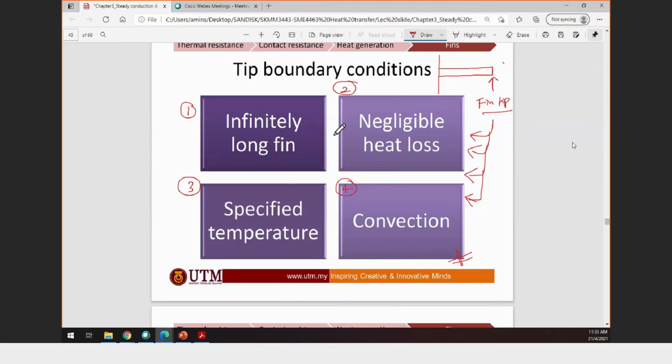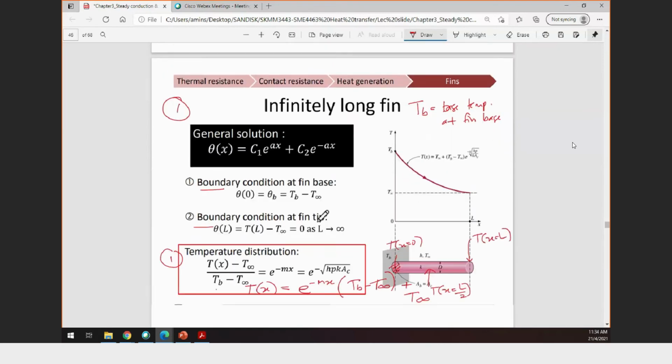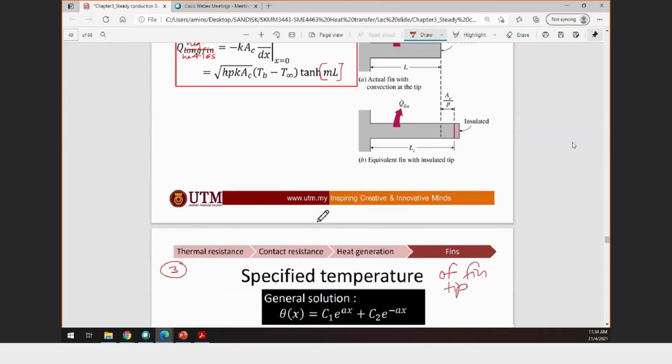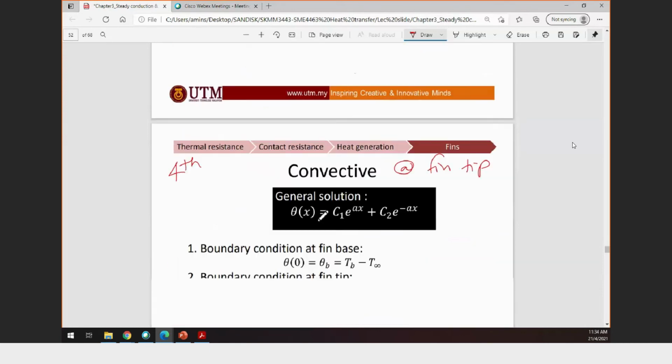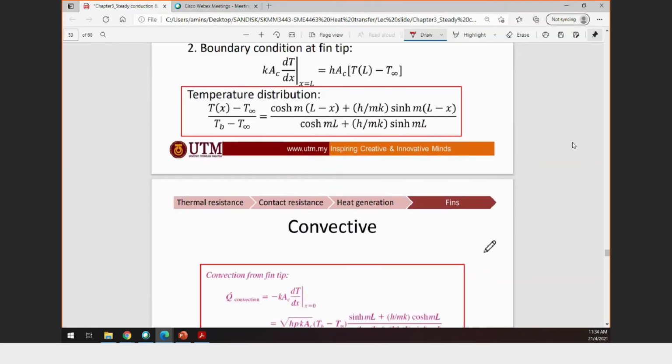Then you may need to consider whether you neglect the heat loss at the tip, or you know the temperature, or you don't know anything and assume the fin tip has convection. In most cases, like I said, case number 4 is the most common one that we use. So to calculate the heat transfer rate for case 4, you need to use this equation.